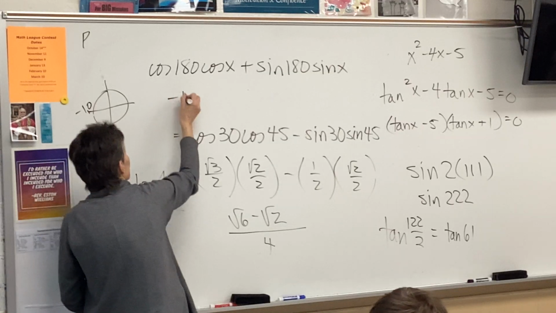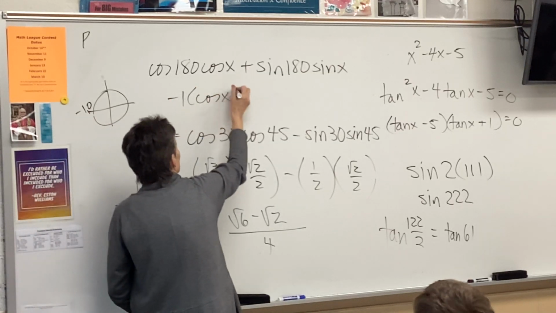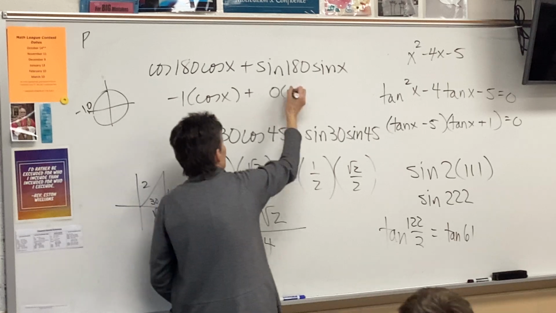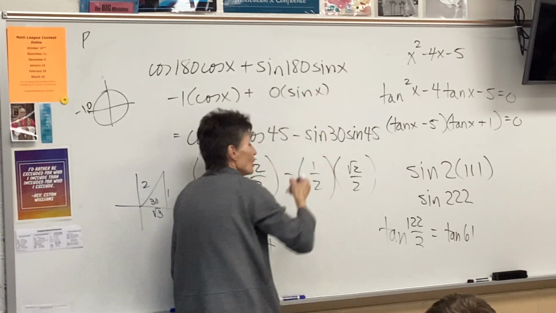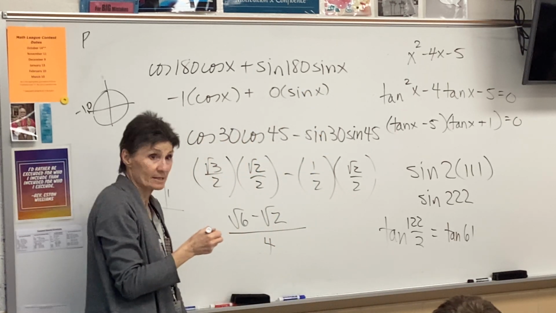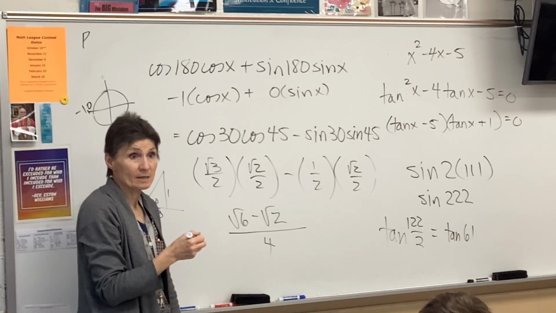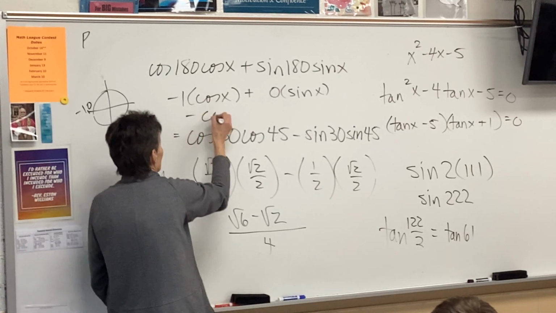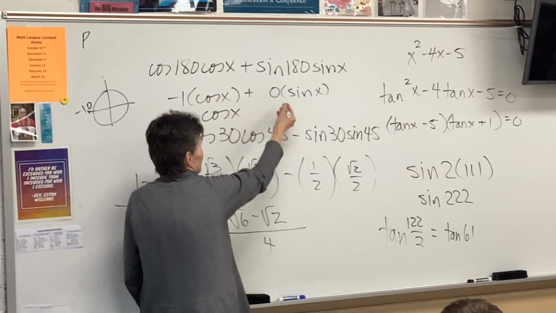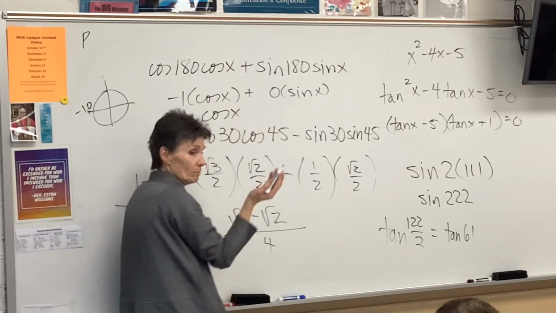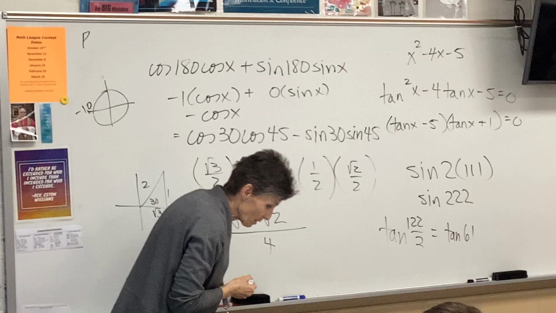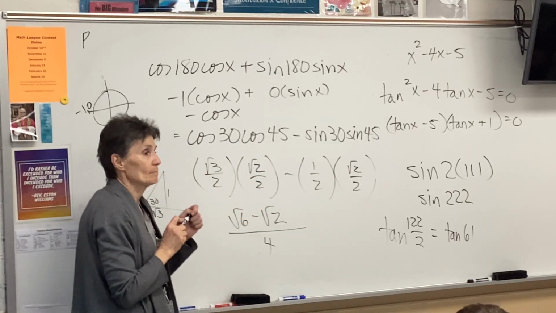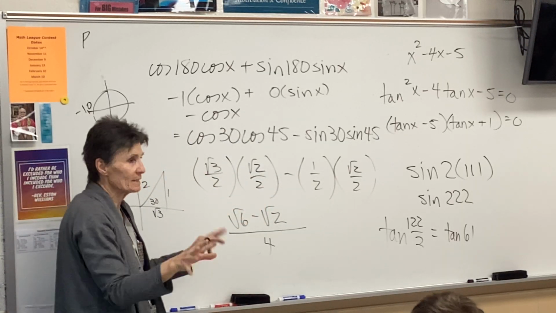So cosine is -1 and sine is 0. Because cosine is x and sine is y. So that's negative cosine and 0. It wasn't the exact same, but it was the same idea.